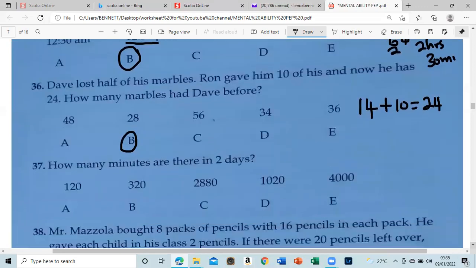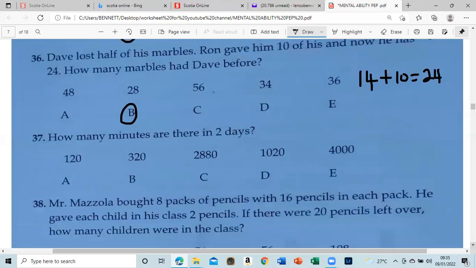How many minutes are there in 2 days? Oh my God, this is unbelievable. Really? All right, so let us approach. So 60 minutes, that's 1 hour, right? And we have 24 hours in the day. So what we have to do is multiply this by 24 to find out.